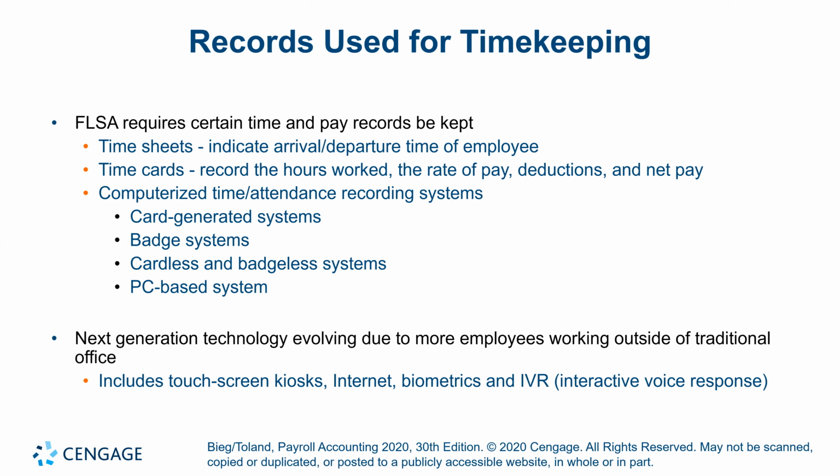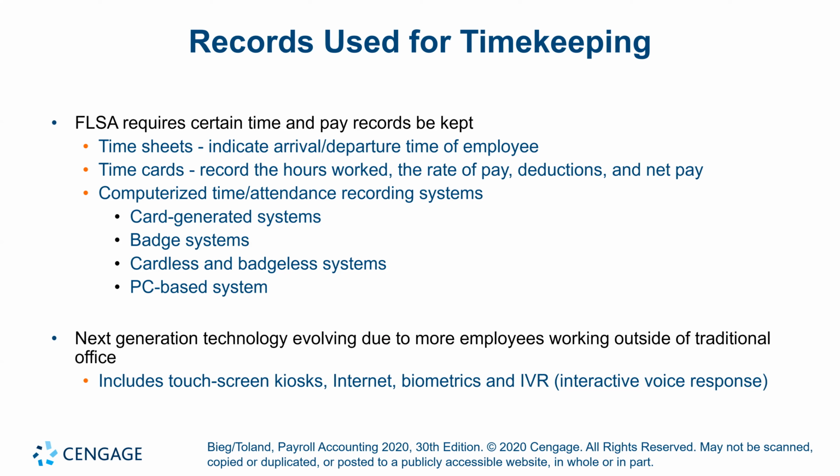In cardless and badgeless systems, employees enter only their personal identification numbers, or PIN numbers, on a keypad. This system is similar to the badge system in that it uses the time clocks to collect and store data for transmission and processing by the company's computer system.